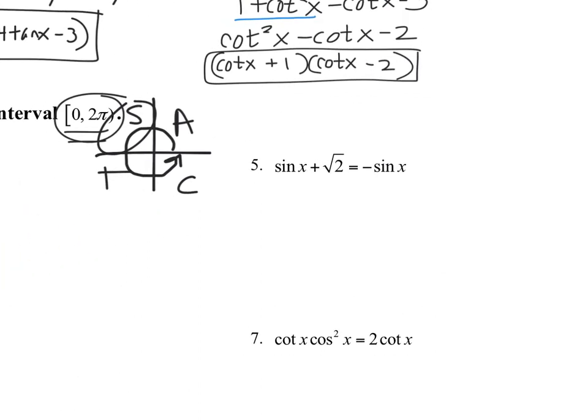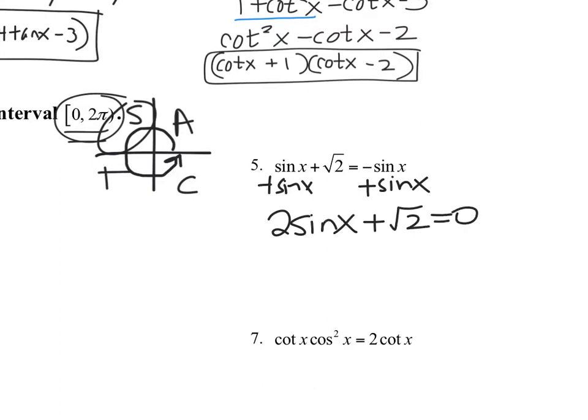Number 5. No, you're good. Let's go ahead and add sine x to the other side to get our sine x's together. So 1 sine x plus another sine x gives me 2 sine x plus rad 2 equals 0. Let's subtract rad 2. We're solving for sine.